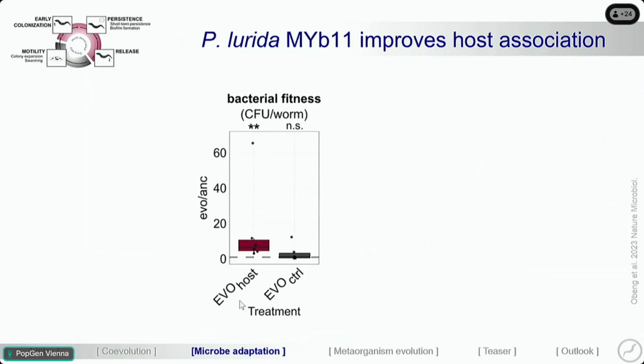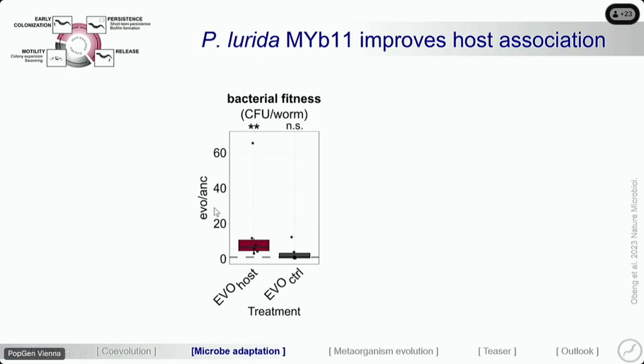So the first important result that we obtained is that the bacteria indeed improved their ability to associate with a host. This is what you see here, always on the left, in red: these are the bacteria that evolved with a host in a biphasic life cycle. And then we had bacteria that evolved under exactly the same experimental conditions, but never saw a host. Here you see, and this is something we show in many other graphs as well, the result of competition experiments of evolved bacteria in comparison with ancestral bacteria.